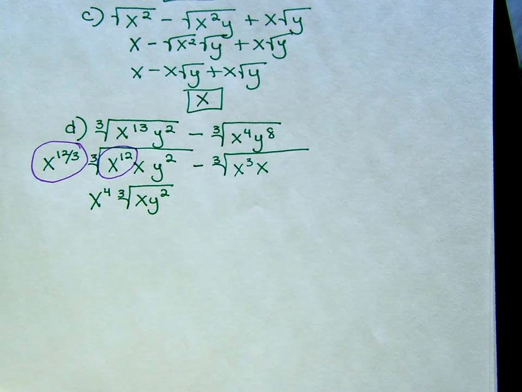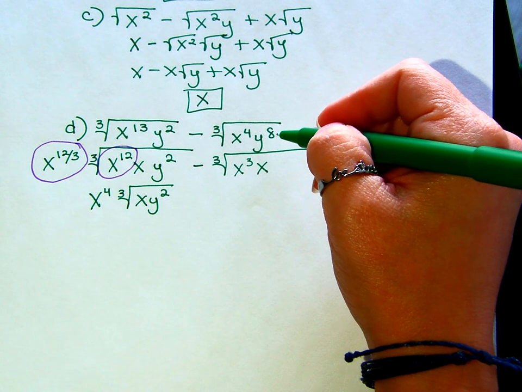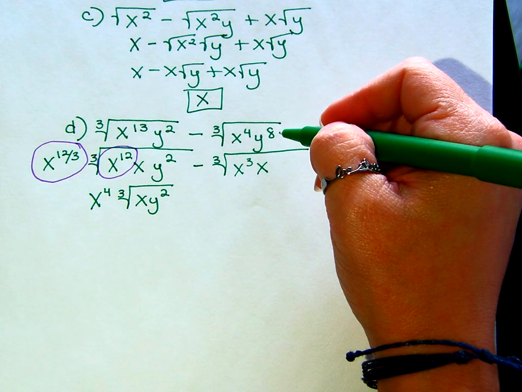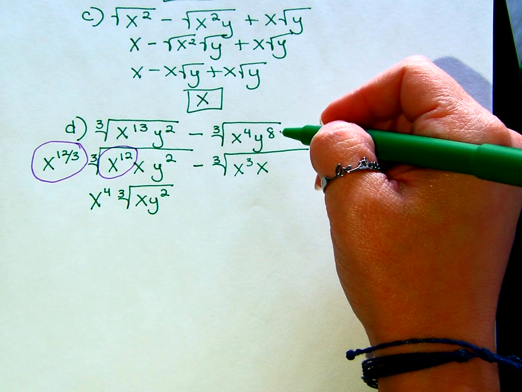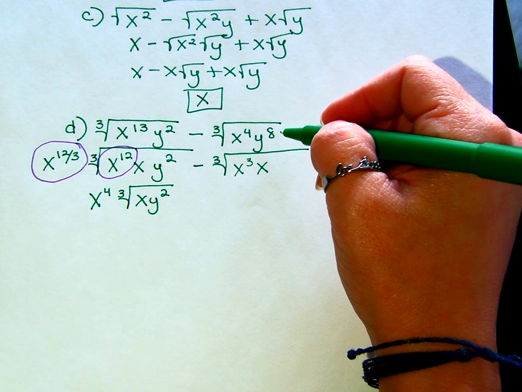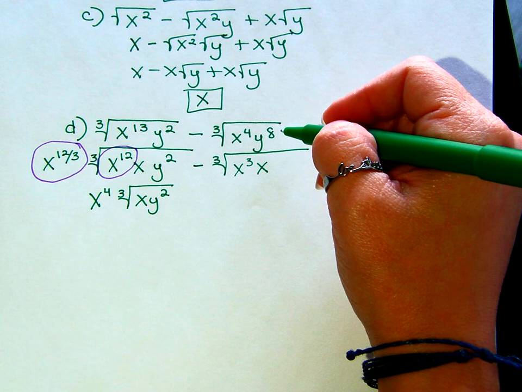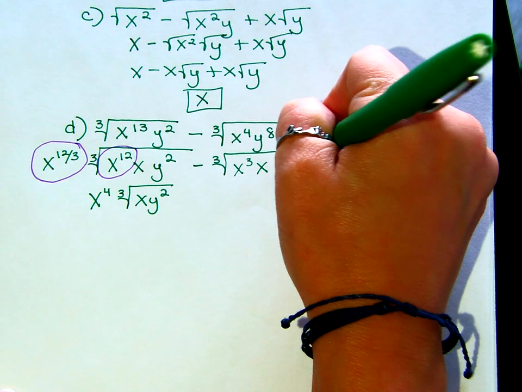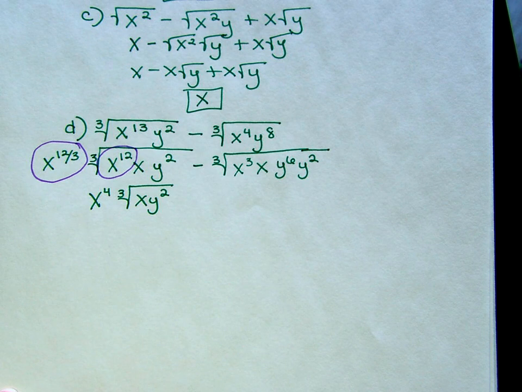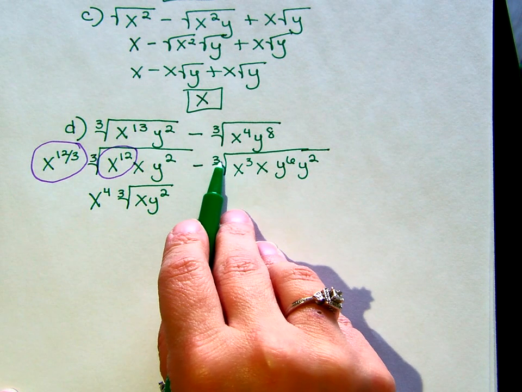I can turn y to the eighth, what would I turn that into if I was splitting it? Like, what's the closest number to 8 that's divisible by 3 without going over? 6. Yeah. So I can turn y to the 8th into y to the 6th times y squared. So this x to the third being cube rooted will just give me an x.